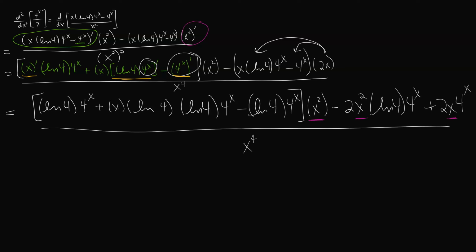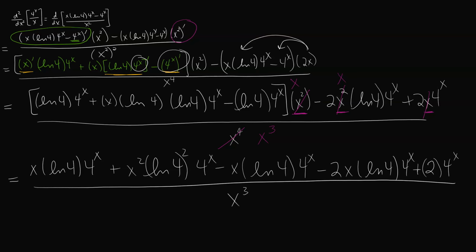So what that's going to look like is this term becomes x, that term becomes x, and then that x gets simplified, and in our denominator we now have x cubed. Okay, so once we distribute this x through to each term, and then write out the rest, we see that we can't cancel any more powers of x because this last term does not have a power of x in it.